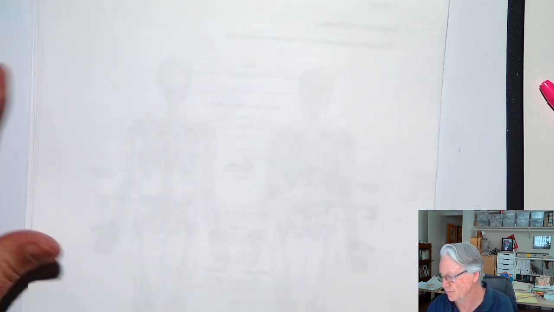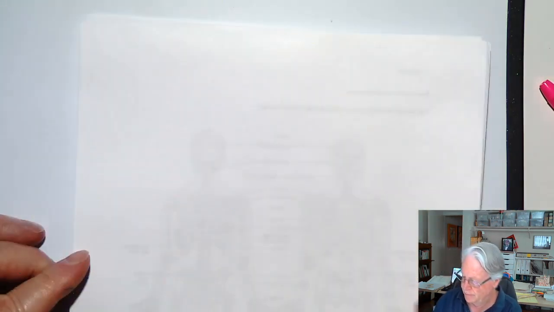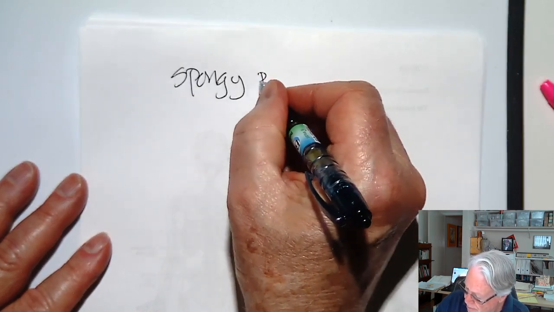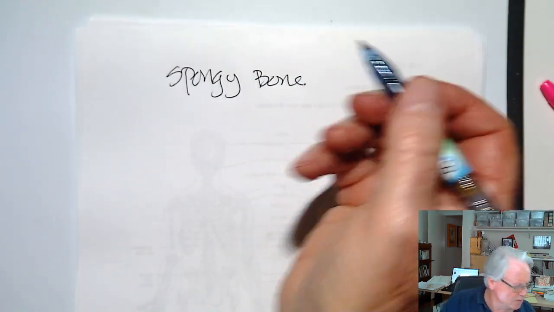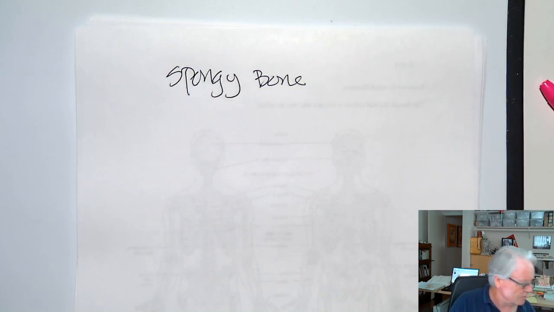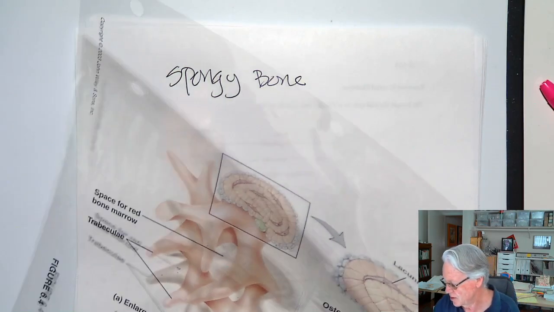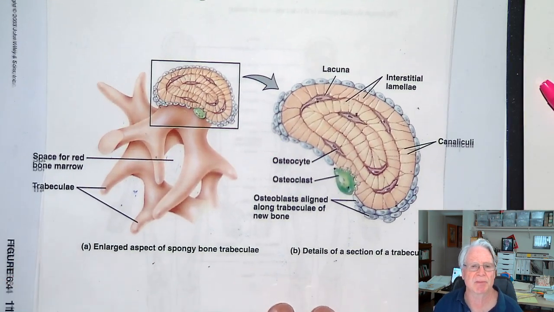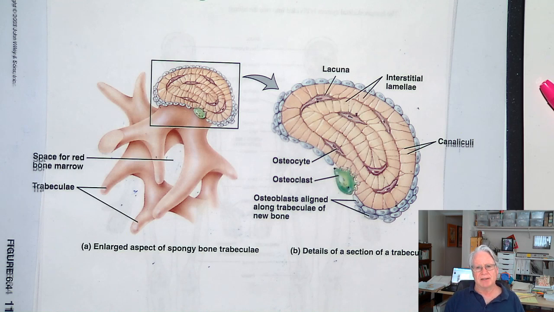Let's talk about spongy bone. So spongy bone is very, very different from compact bone. And as you can see here in this drawing, this is an example of spongy bone. As you can see, there are no osteons. So right from the start, it's very different.